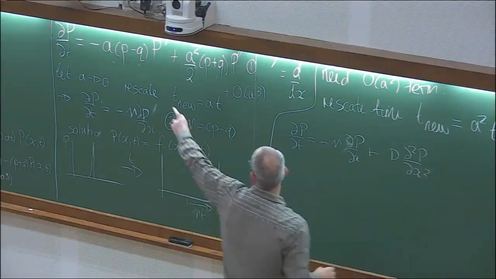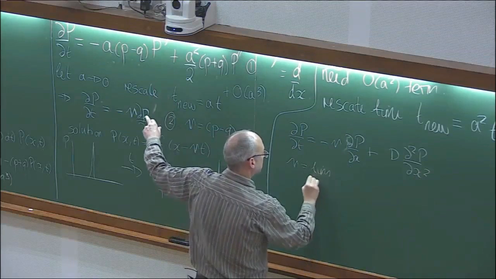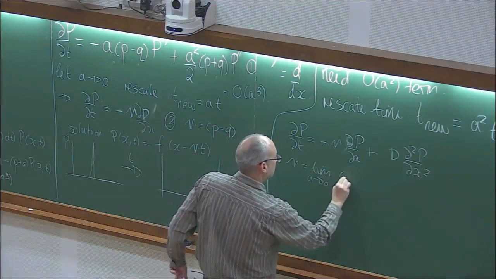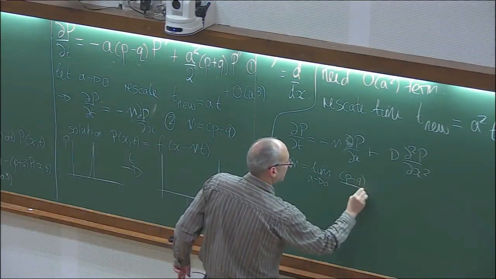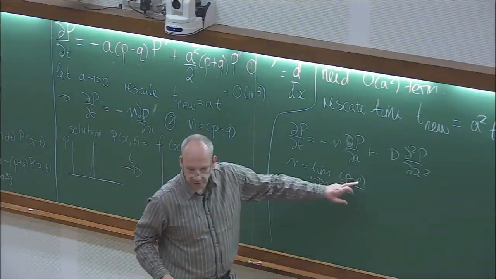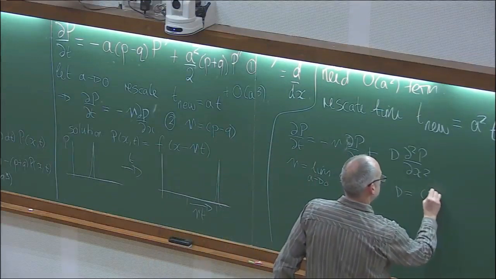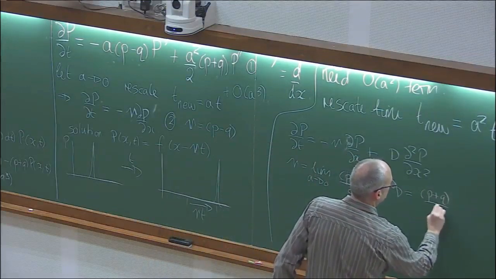So I can read off that v is now the limit as a goes to 0 of p minus q over a. So I need this. Basically, as you were saying, I need p minus q to be of order a. And d is, in fact, just p plus q over 2.